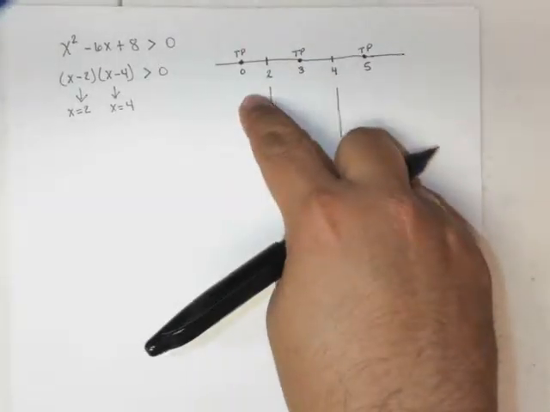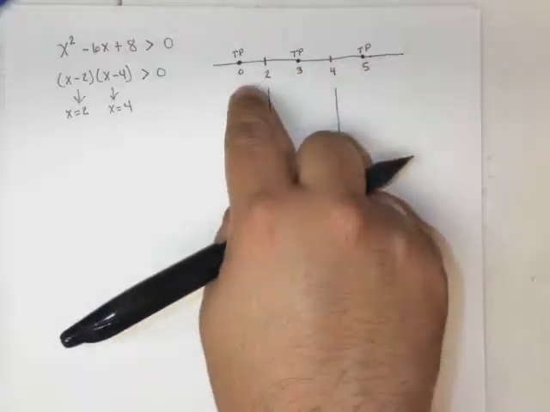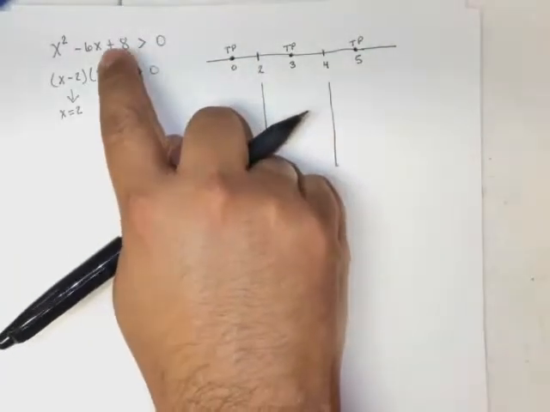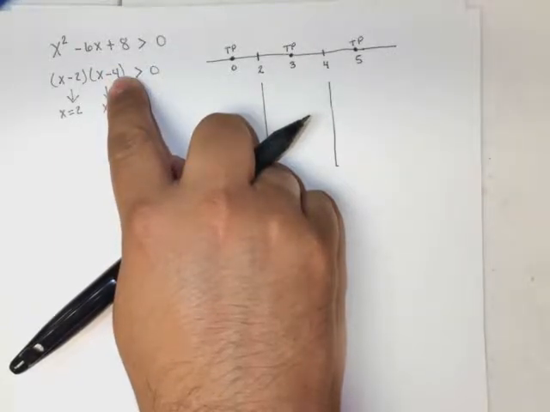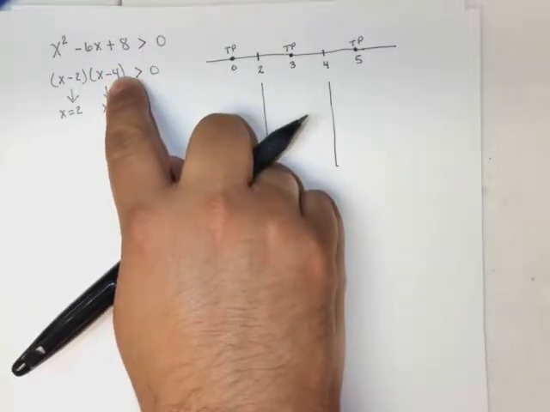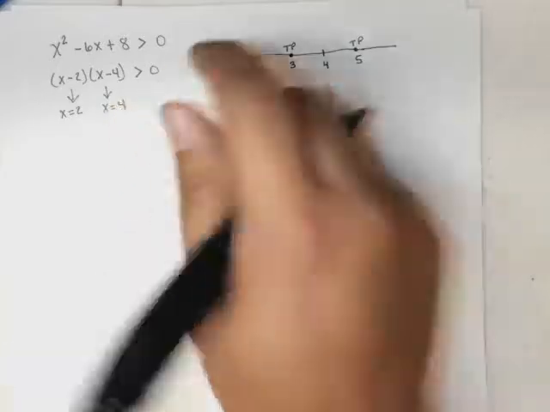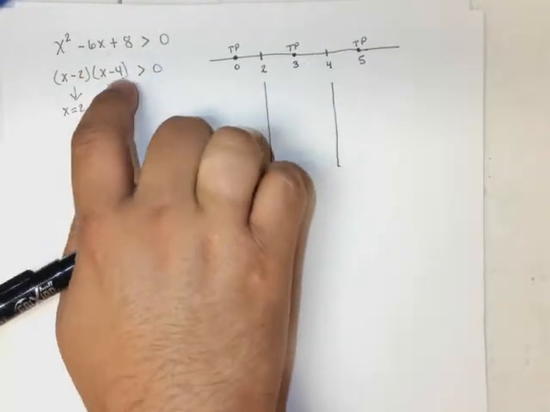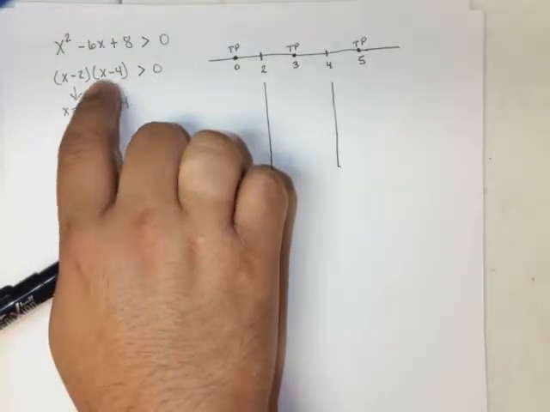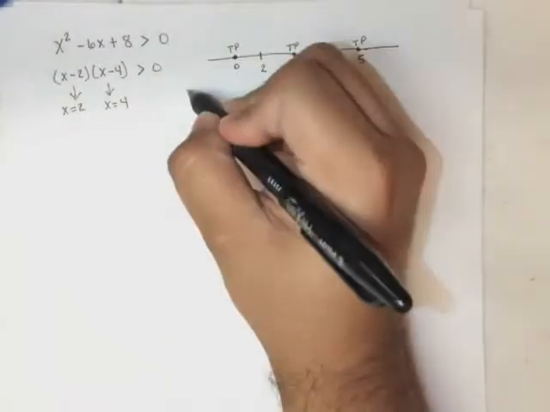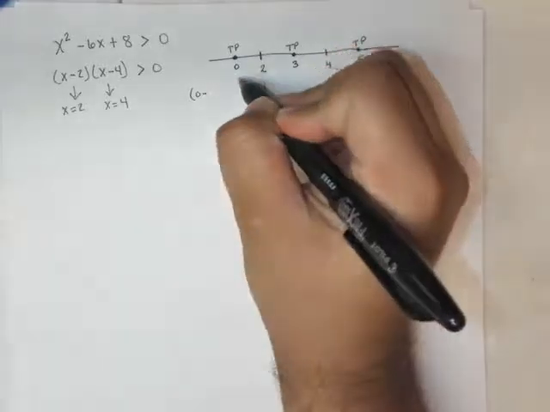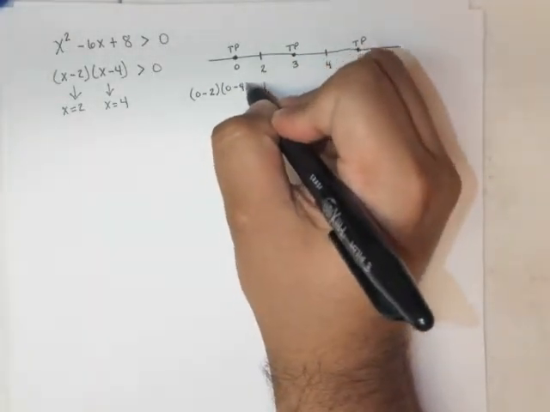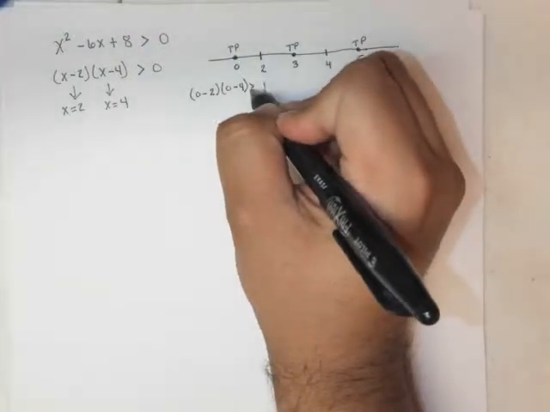All right, so we pick these 3 test points, and we're going to plug them into either one of these inequalities. So we're going to figure out what we get when we work this out. Now this is probably the easier one to work with. Remember I said they're equivalent statements. So we're going to plug in 0 minus 2 times 0 minus 4, and we're checking to see if this is greater than 0.